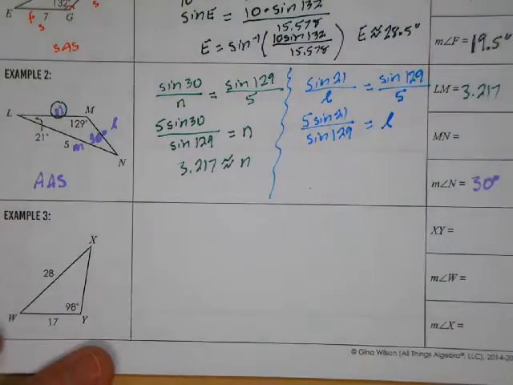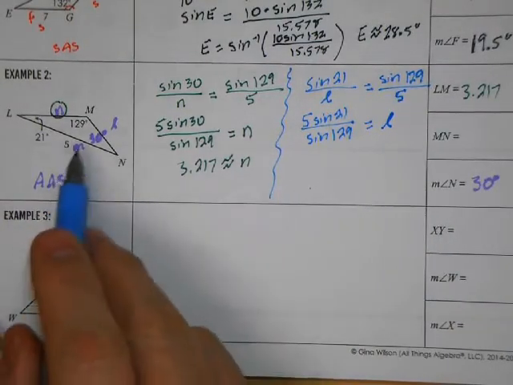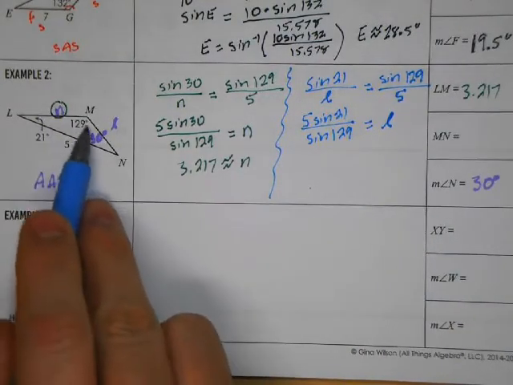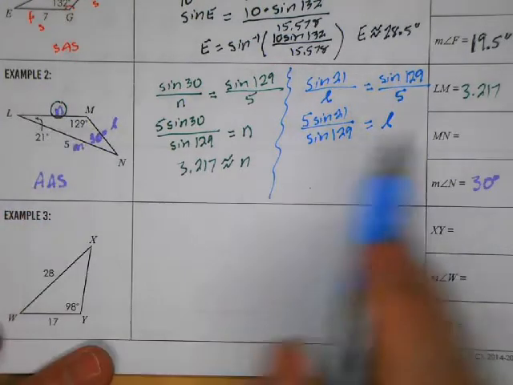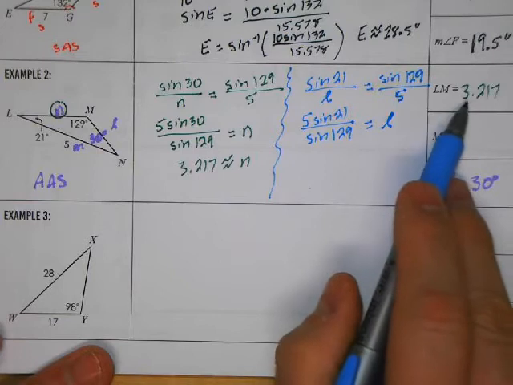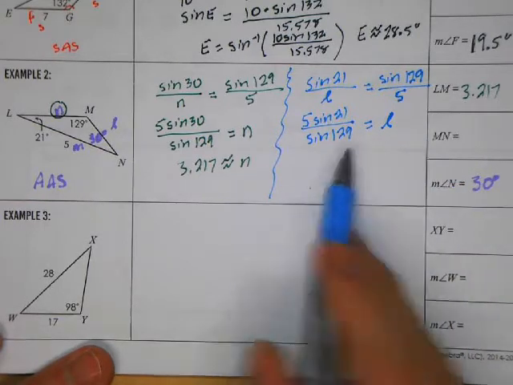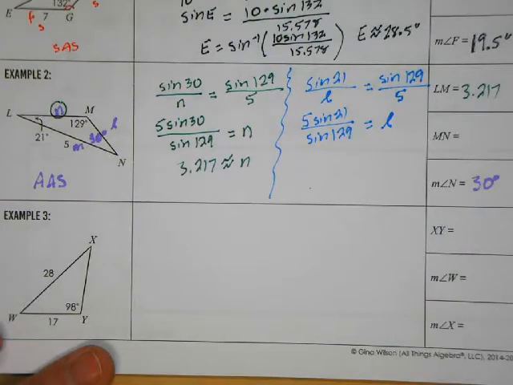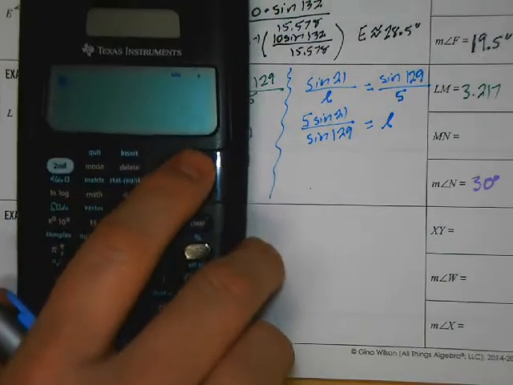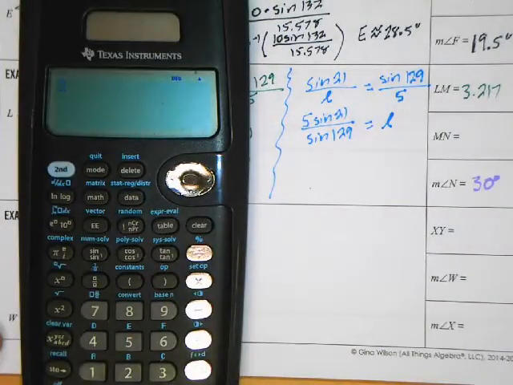And again, we'll go to the calculator here, and because this is the smallest angle, this side L should be smaller than side n. Side n was just over 3, so this should be something less than 3.2. Let's see what the calculator gives me, and hopefully we did everything correctly.